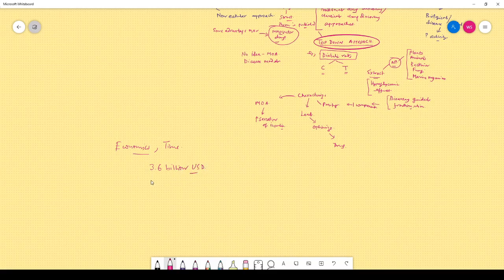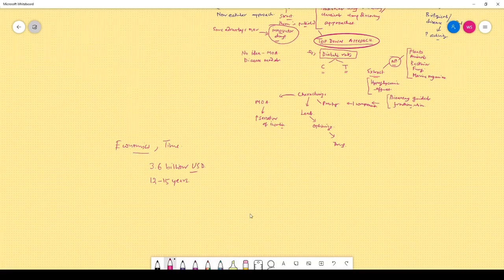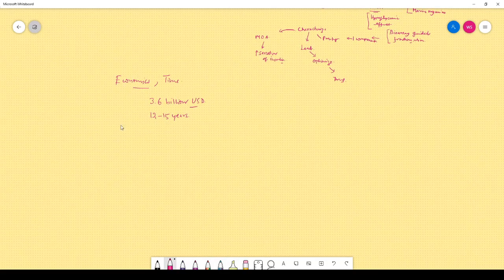Okay, and it takes about 12 to 15 years for a drug to be introduced into the market, and the patent life is 20 years. Okay, patent life.